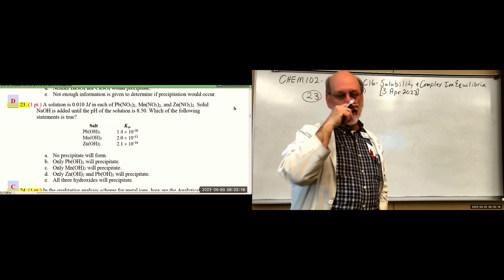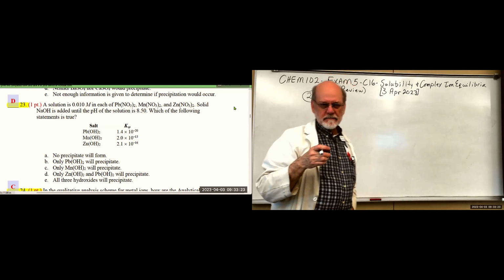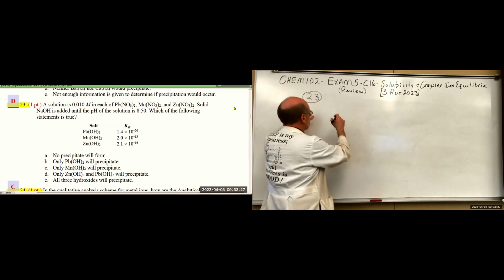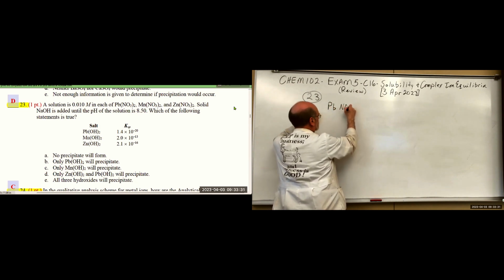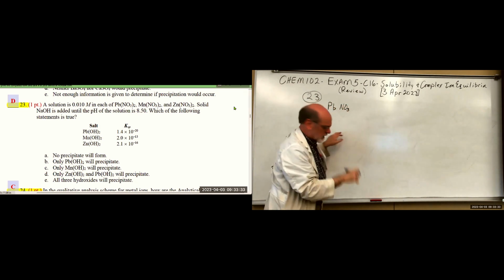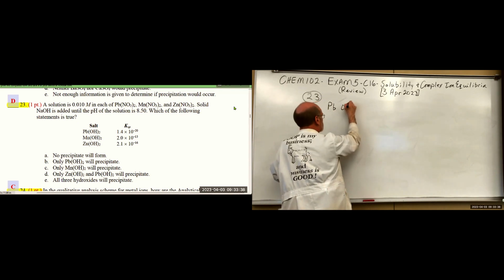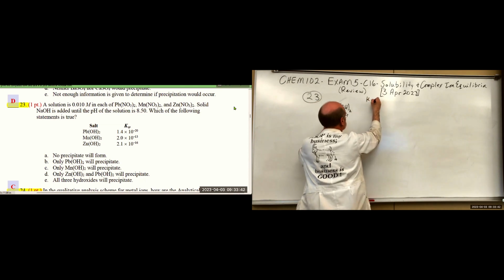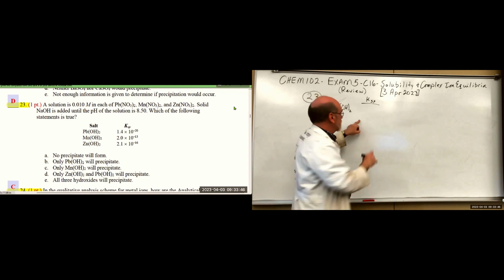That's okay. A solution of 0.01 molar in each of these 3 compounds. Let's put the salts up here with their K values first. Lead 2 nitrate. No, hydroxide, excuse me. Hydroxide. There. And its KSP is what? 1.4 times 10 to the minus 20.